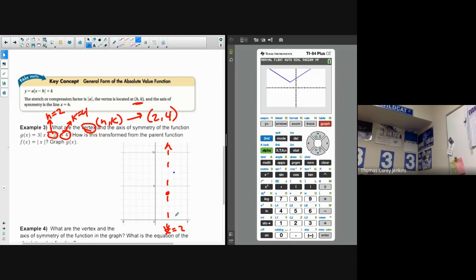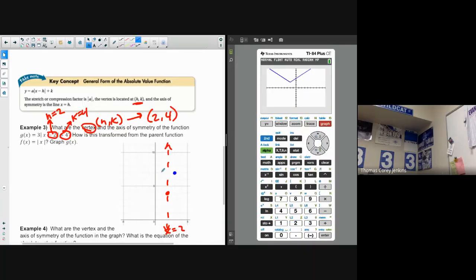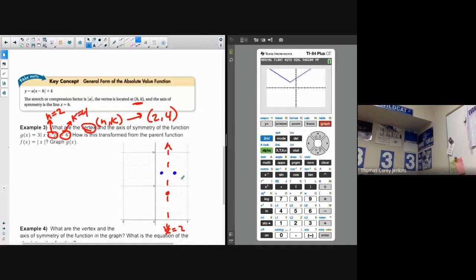So not here, but up 3. Not up 1, but up 3, okay? Or the next one, if the base one would be over 2, up 2, but our stretch by 3 would be over 2, up 6. So up 3 and then up another 3, right? So instead of our slope being 1, our slope is 3, okay, because of that stretch.